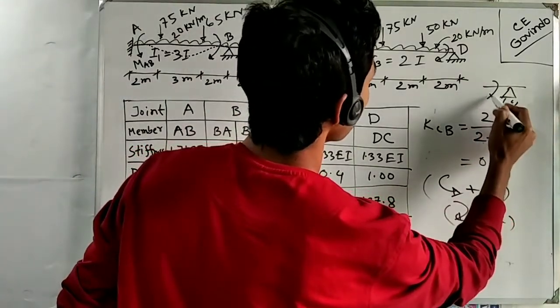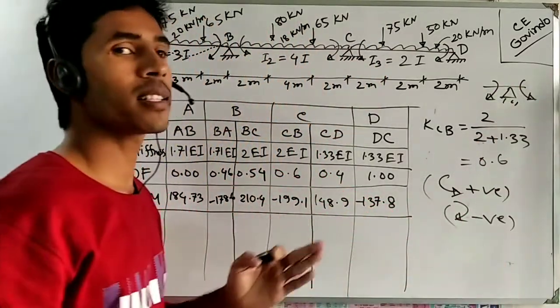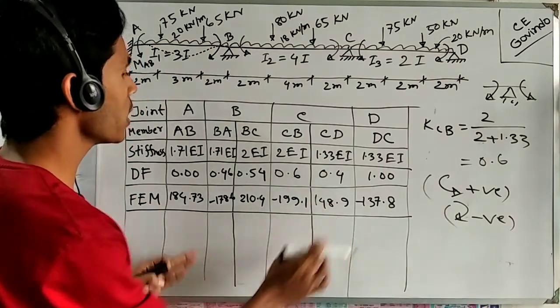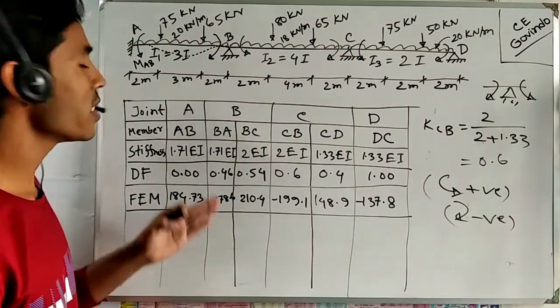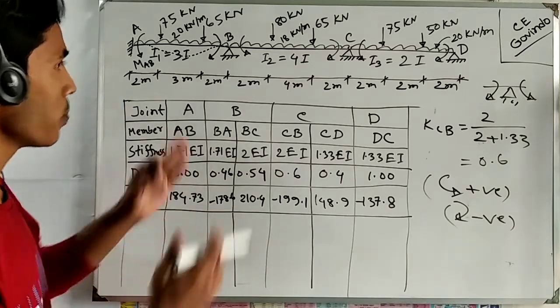These two moments will be balanced by each other. Now this is our fixed end moment. Now we need to distribute this moment using the moment distribution method. The application of the moment distribution method is just here.